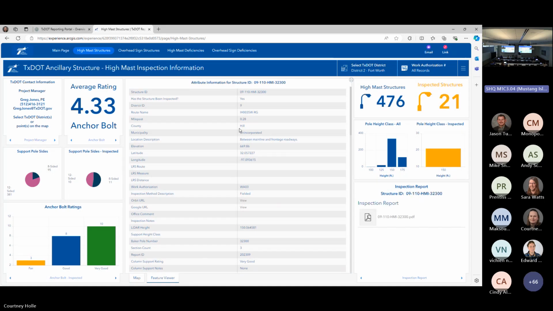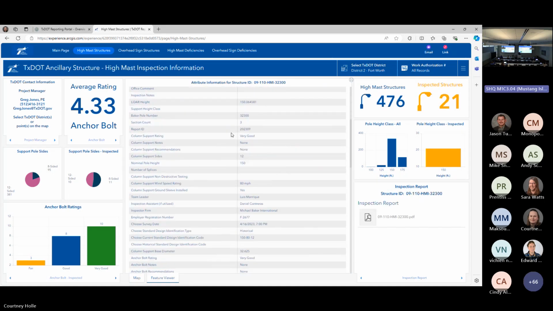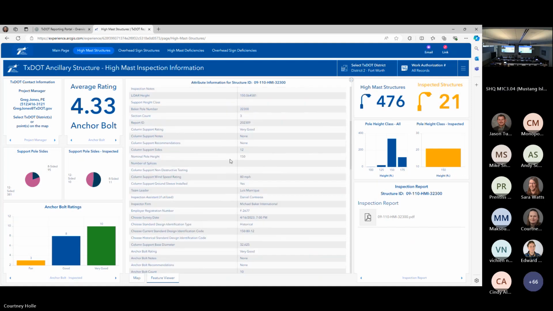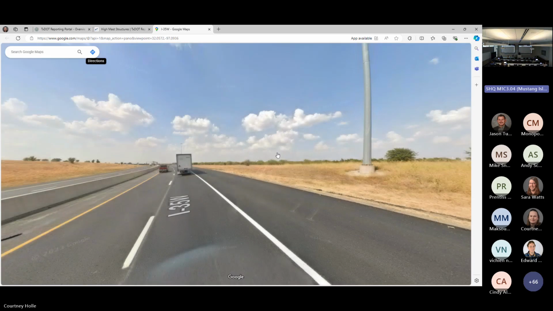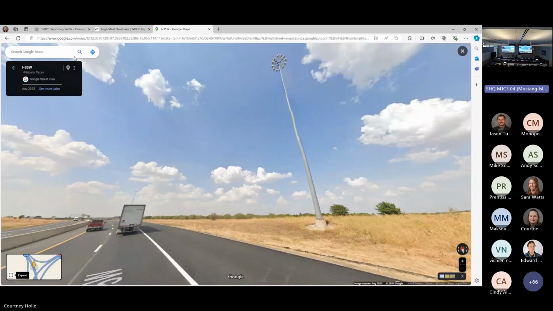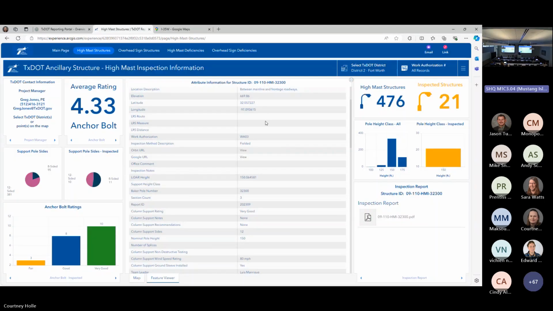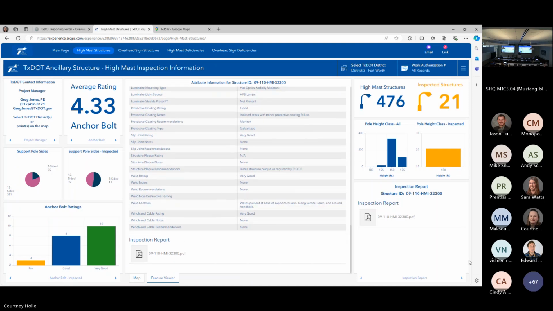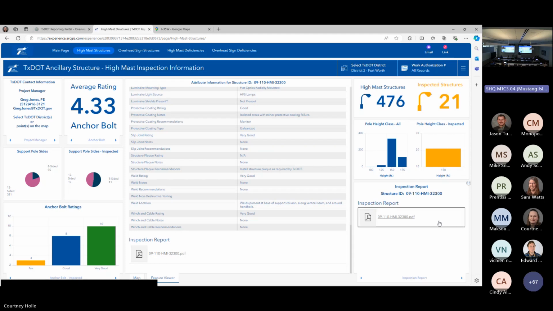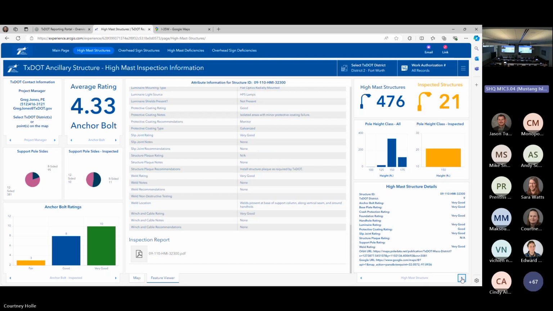So here's the actual inspection report. It also has a link to the pole in Google Maps, so we can see it right there. We can see the different parts of the inspection, the anchor bolts, the column support, the foundation.